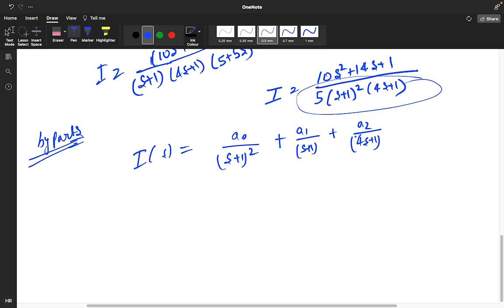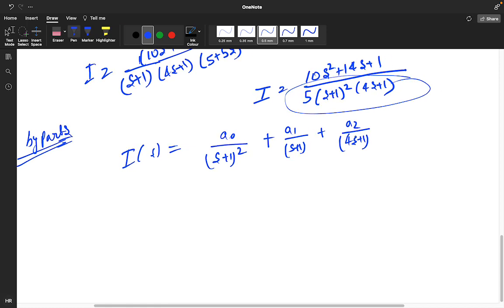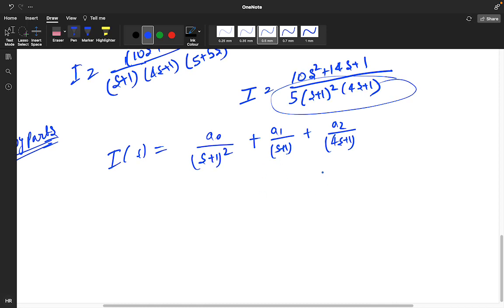Okay, so by solving by parts, you will get the values of a0, a1, a2. How will you do this particular thing by parts? I hope you remember your basic maths.